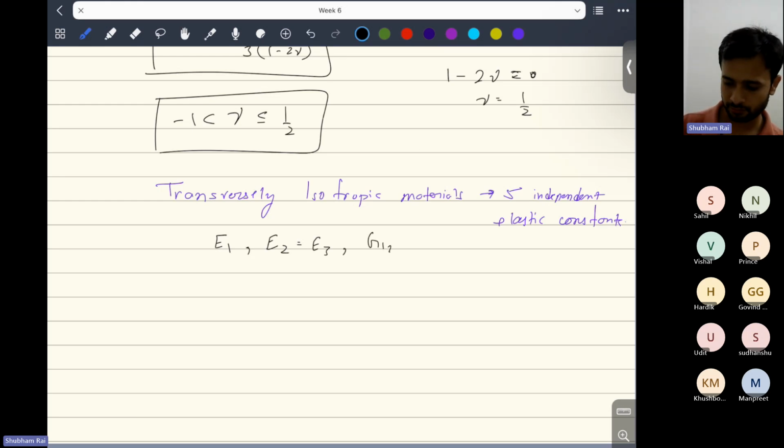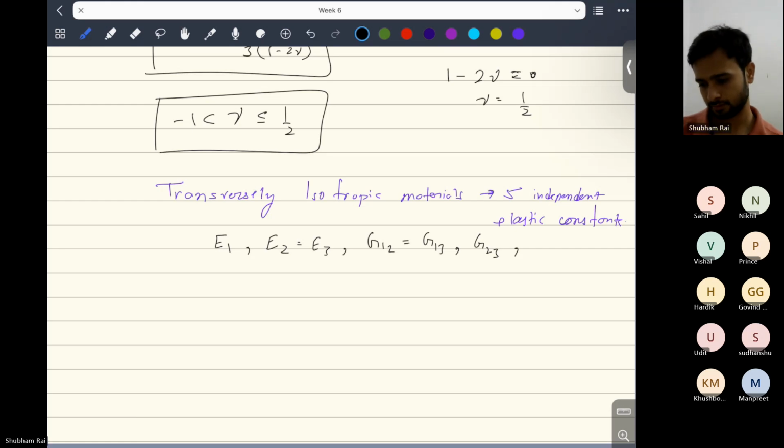And then you will have G12, which will be equal to G13. And then you have G23. So 1, 2, 3, 4. And then you have some Poisson ratio. And actually, since you can express G in terms of E and Poisson ratio, I think from there will be only five independent constants.